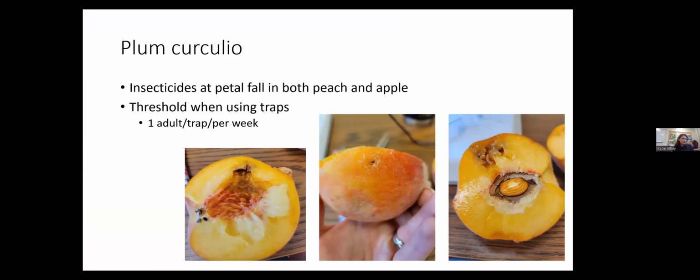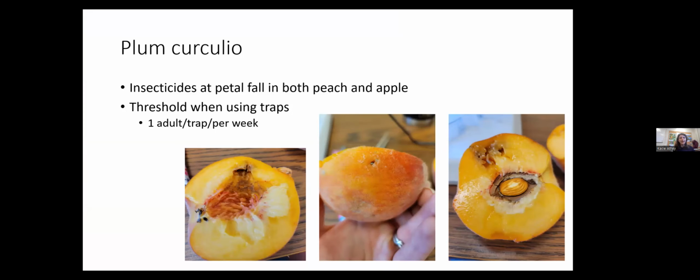With this particular pest, it is a little bit harder for me to have found some thresholds for it. We often recommend that you do insecticide sprays at petal fall in apple, but that's without using trapping. That would be when you would spray, but I would recommend using trapping.